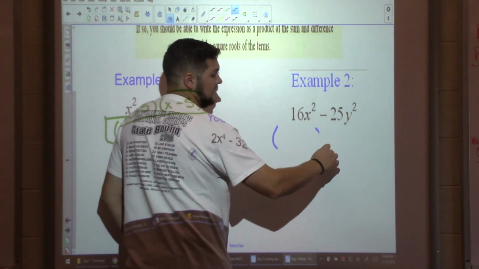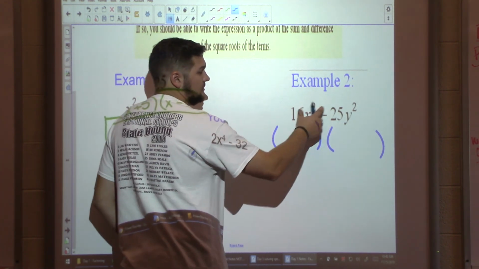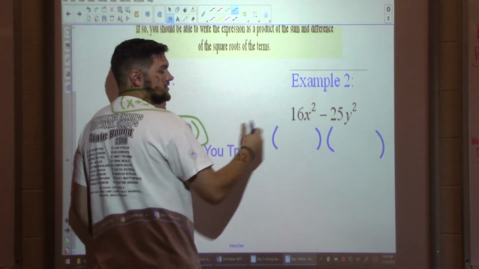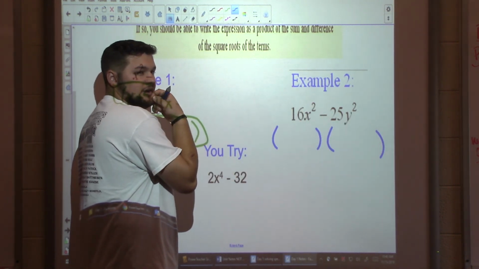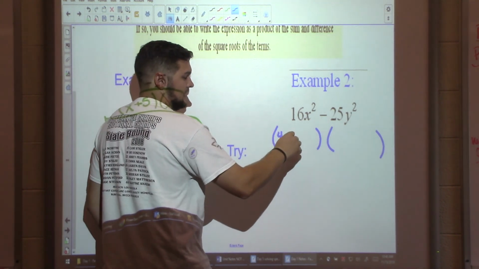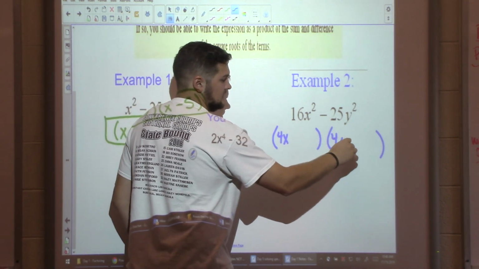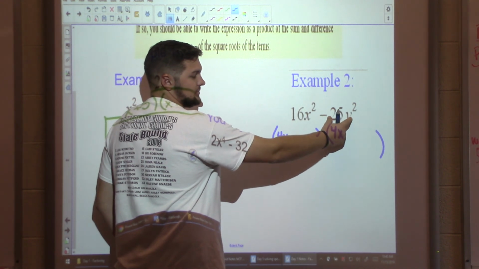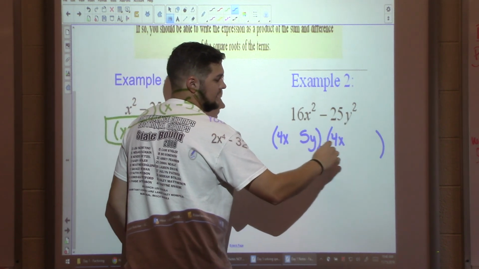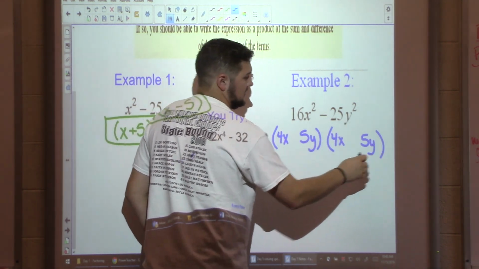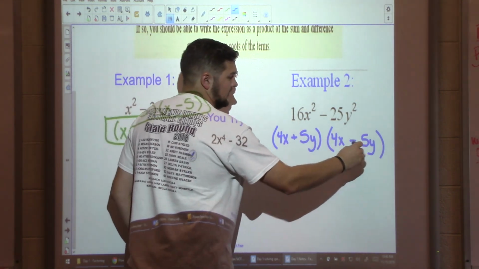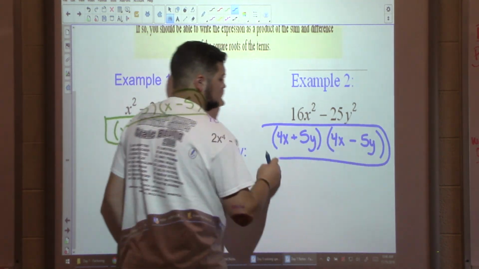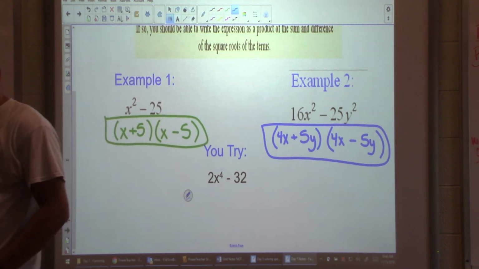So I'm going to do the same thing. I'm going to take the square root of both terms. What's the square root of 16x squared? 4x. Square root of 25y squared? 5y. And remember, we're adding one, we're subtracting one. Once again, if you want to check it, you can foil it.